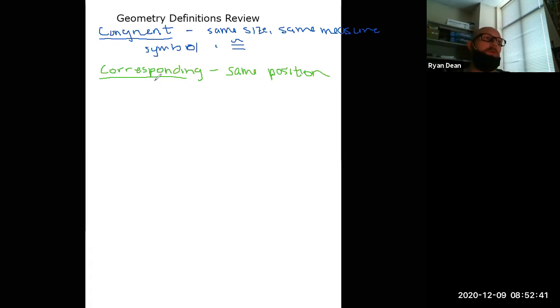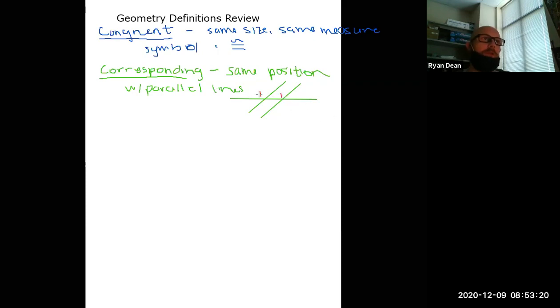Okay, the first way would be with parallel lines. Okay, so with parallel lines, if I have two lines that are parallel, like this, and then there's a transversal line that cuts through them, okay, the corresponding angles could be right here where it says 1.